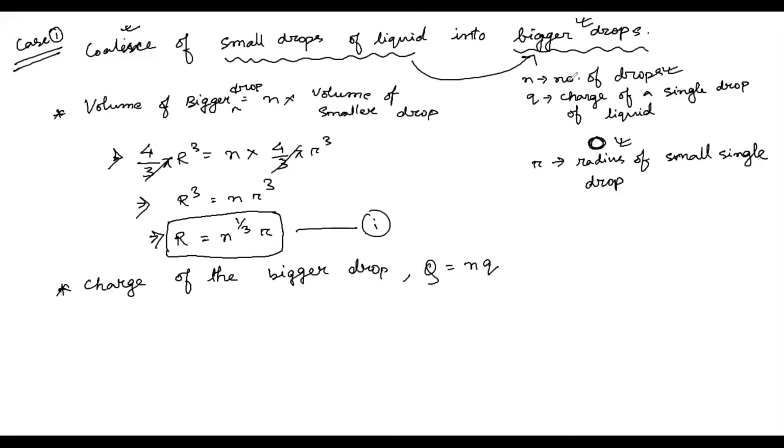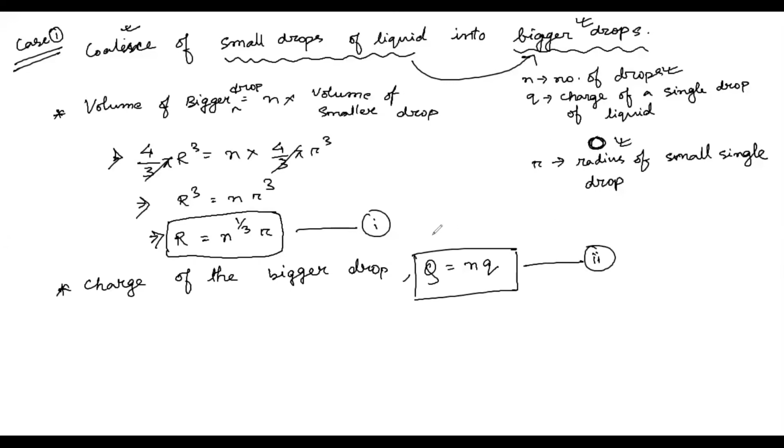Okay, because you are not having extra charge, whatever charge you are having is provided by this n number of single drops. And how you will find out the charge acquired by the bigger drop? It will be nothing but n times the charge of the smaller drop. So you can put this as equation number 2.